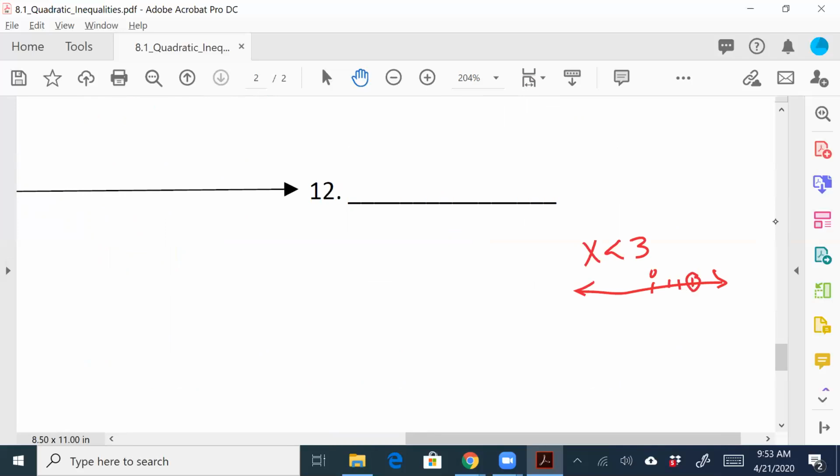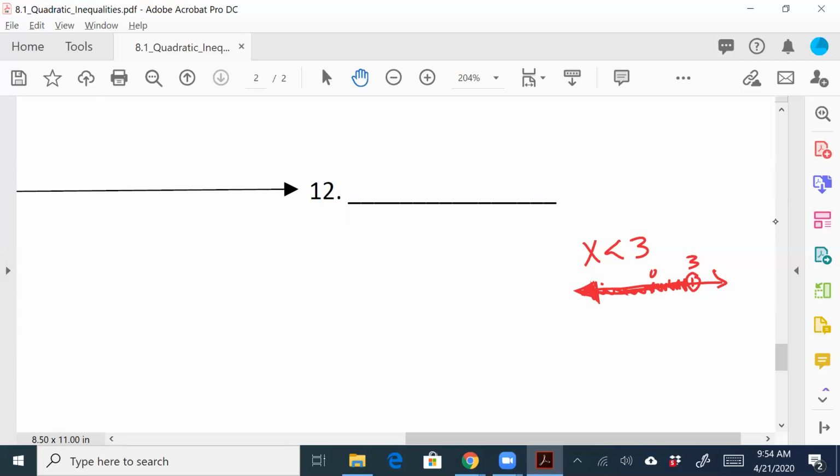We use an open circle at 3. And then because it's less than, it goes to the left. That's what it looks like in terms of the graph.